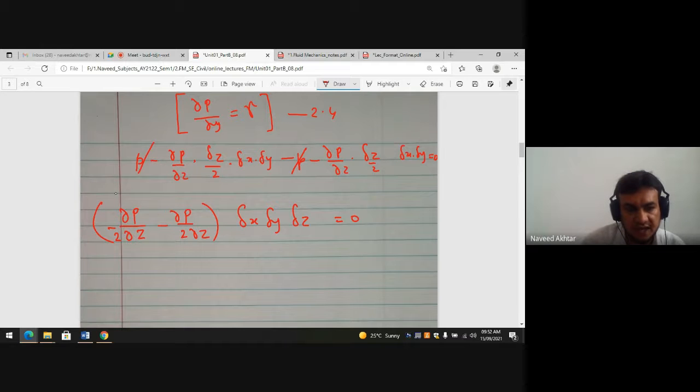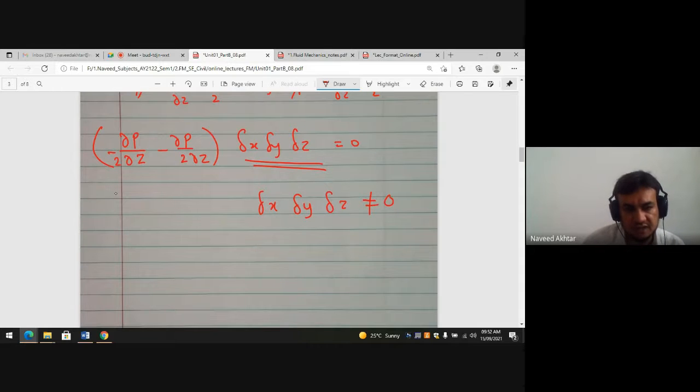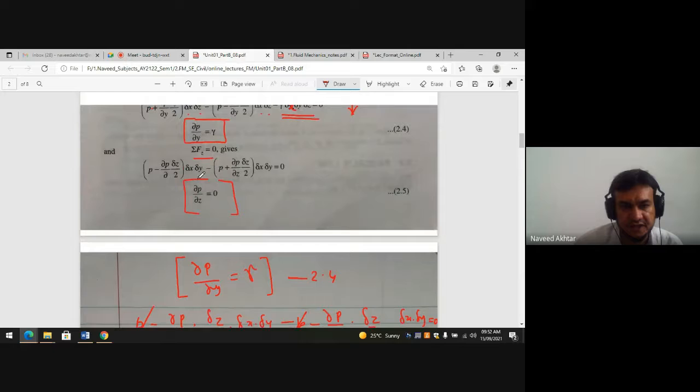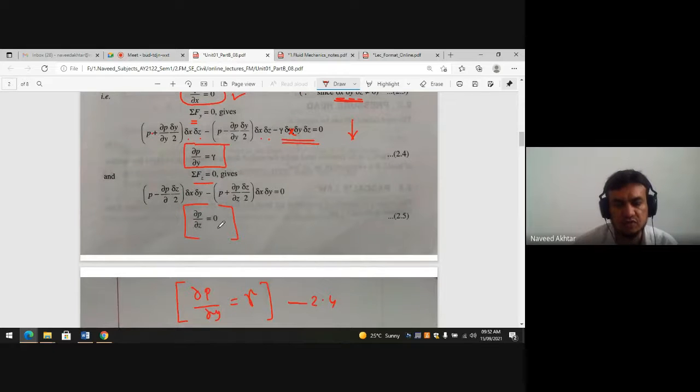Since delta x, delta y, delta z should not be equal to 0, therefore 2 dou p by 2 dou z is equal to 0. So the 2 will be cancelled, and dou p by dou z is equal to 0. That is what is written here.